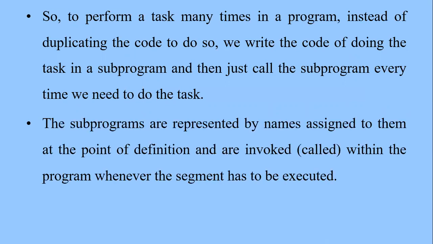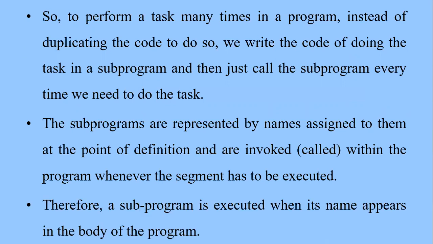The subprograms are represented by names assigned to them at the point of definition and are invoked or called within the main program whenever the segment has to be executed. And therefore, a subprogram is executed when its name appears in the body of the program.